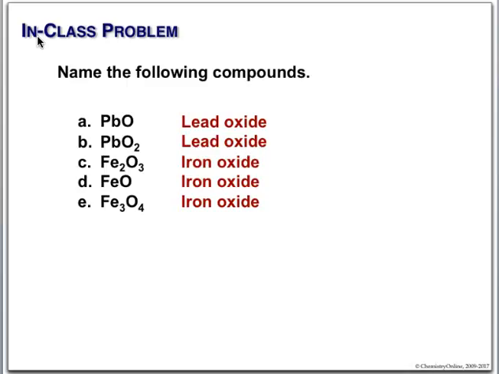Now we're going to address a concept here called oxidation number. Really for the purposes of the course here, oxidation number is going to be the same as charge. If you go on to real chemistry, you'll look at oxidation number in a slightly different way.